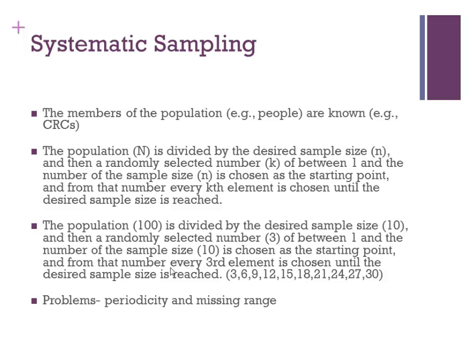And when you think about things like using zip codes or last names, and if those sorts of things have some relationship with characteristics of the people, like let's say people with higher zip codes happen to live in a region of the state that makes them unique or different from everybody else, and it would be important to include them, we just excluded them by only taking people from the first third of the population.